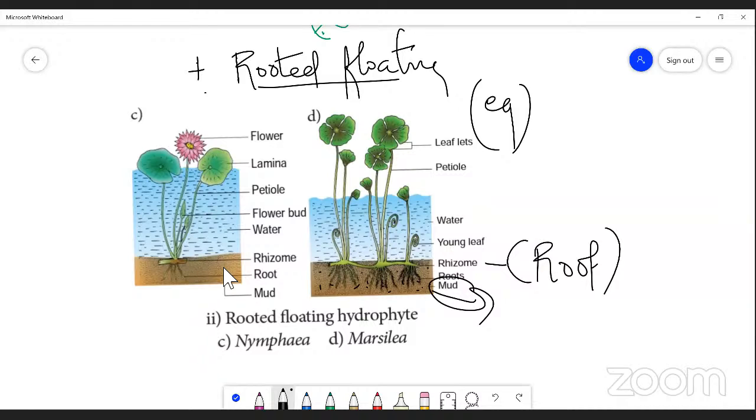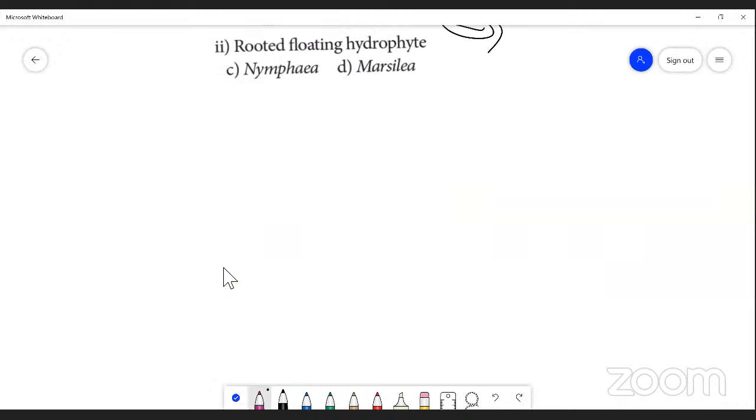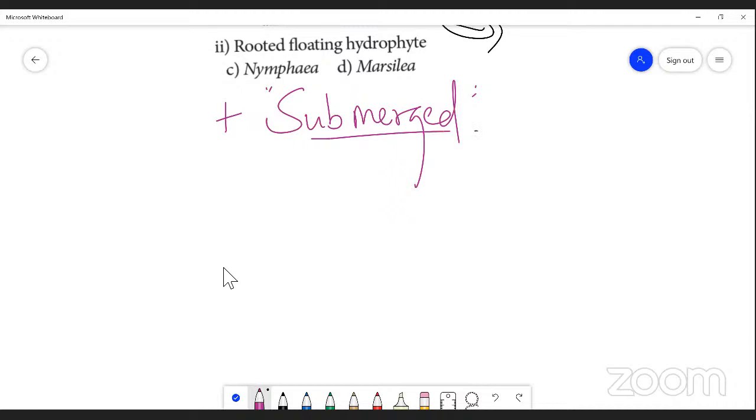Okay, very good. The third category is submerged floating. I'm talking about hydrophytes that are simply submerged.